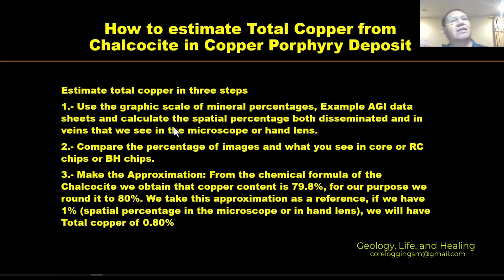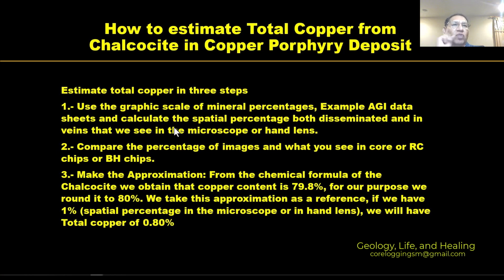The third point is to make the approximation. From the chemical formula, we can obtain that the total content of copper in chalcocite is 79.8%. So for our purpose, we round it to 80%, okay? And then we make the approximation as a reference.